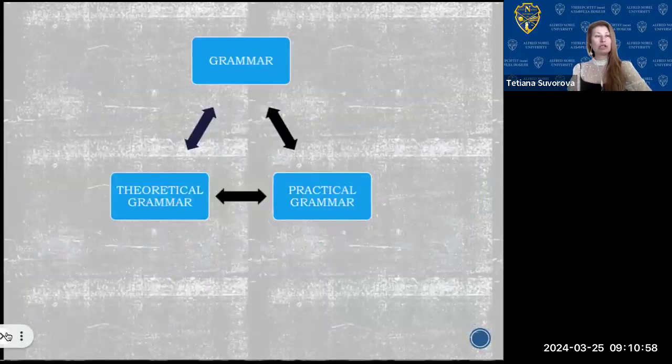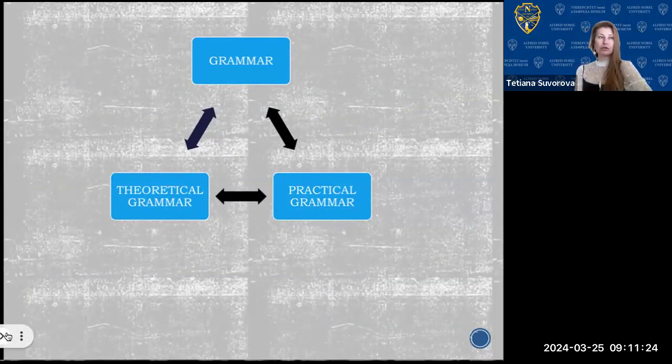Okay, so usually when we speak about theoretical grammar, of course we should speak about practical as well, because it's one side of that field of knowledge. Theoretical grammar generally covers, discovers and describes the situation in the language in respect of grammar.